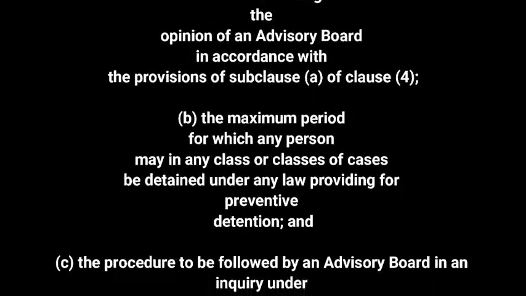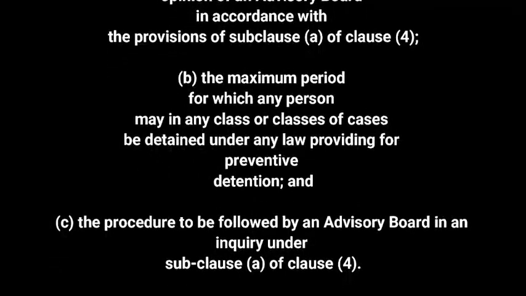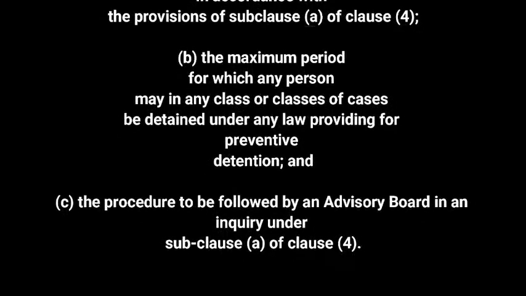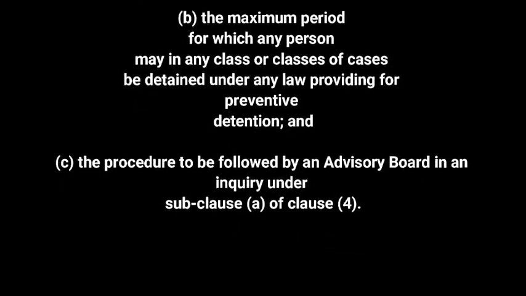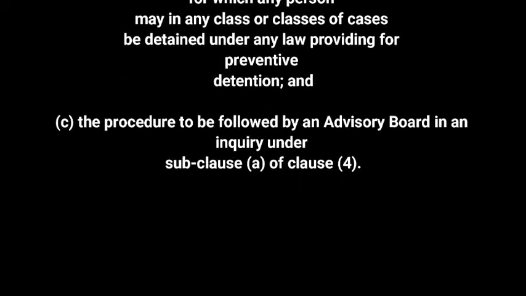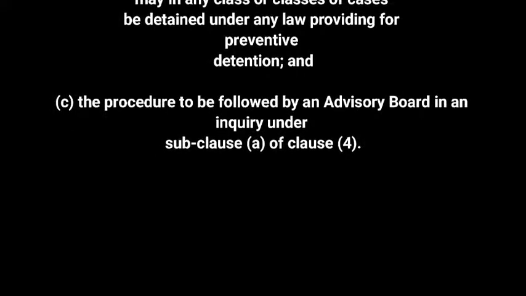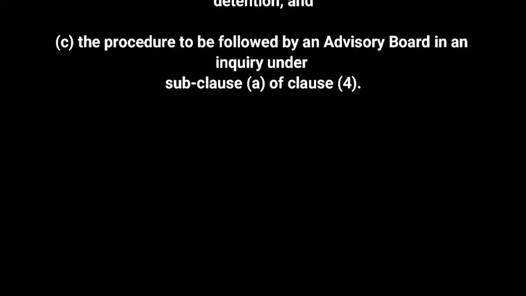B. The maximum period for which any person may, in any class or classes of cases, be detained under any law providing for preventive detention. And C. The procedure to be followed by an advisory board in an inquiry under subclause A of clause 4.